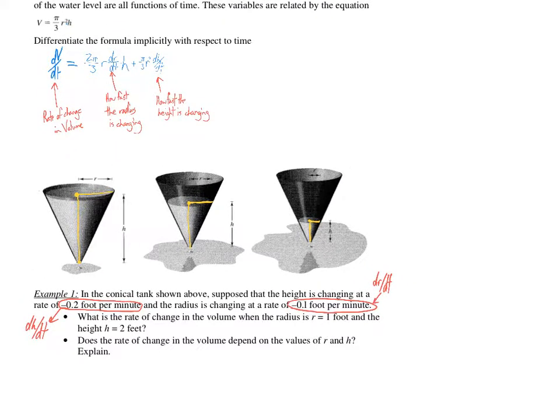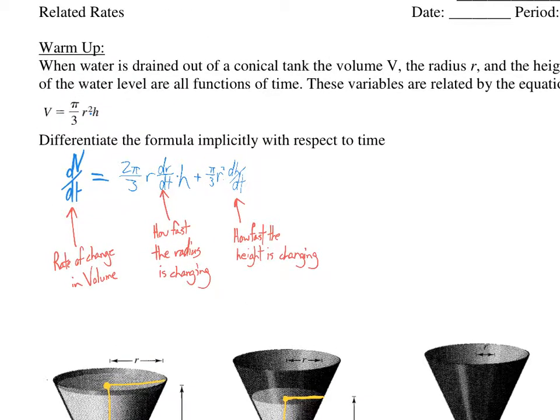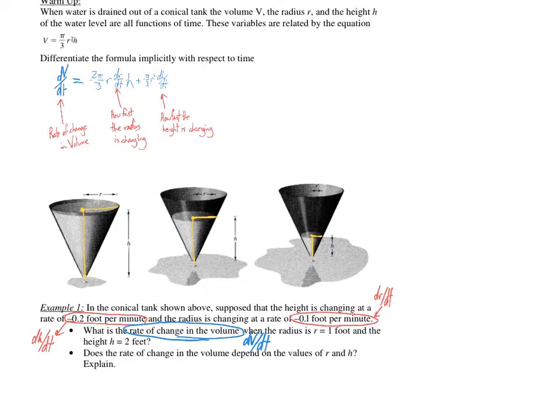We're trying to find the rate of change in the volume, dV dt. We know the dr dt, we know the height, we know the dh dt. All we've got to do now is plug them in. This will tell us how fast the water is pouring out the bottom at that moment. So let's do that.